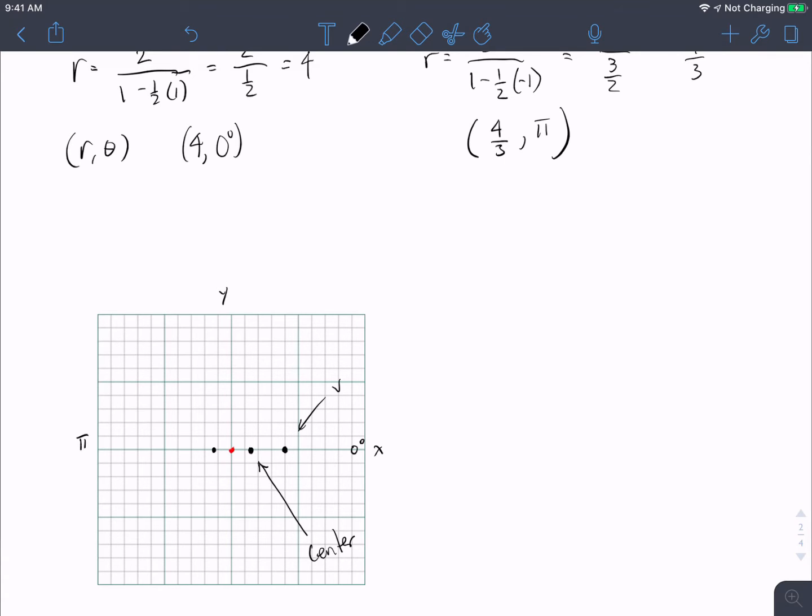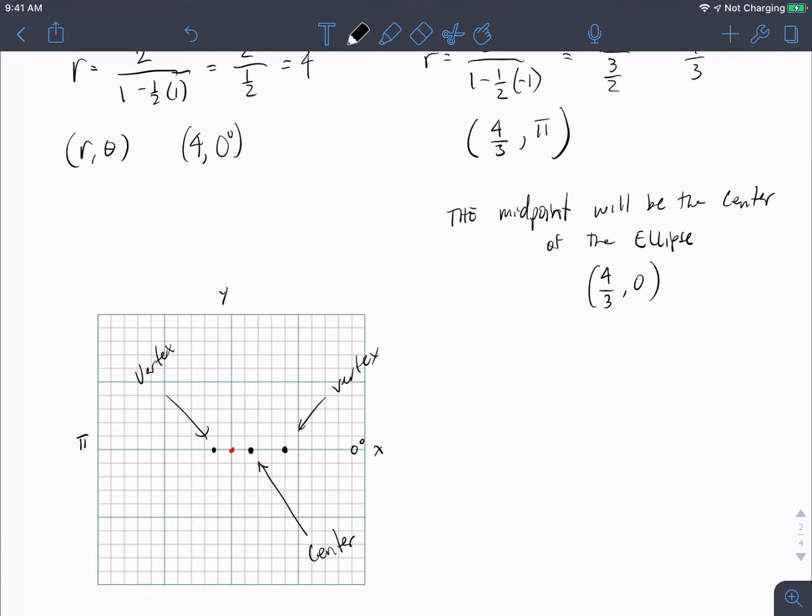This is a vertex, and this is a vertex. And so, like I said, the midpoint will be the center of the ellipse. And again, that occurs at 4/3, comma 0. So the angle there is 0.